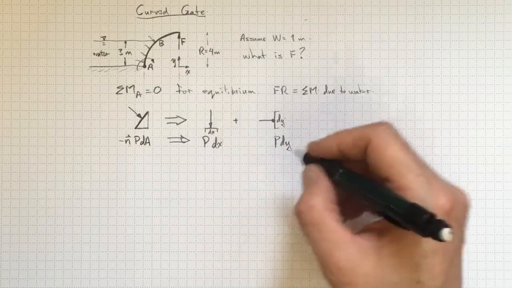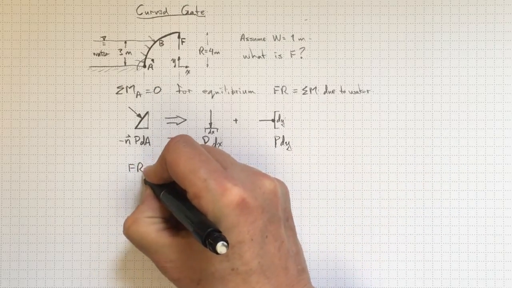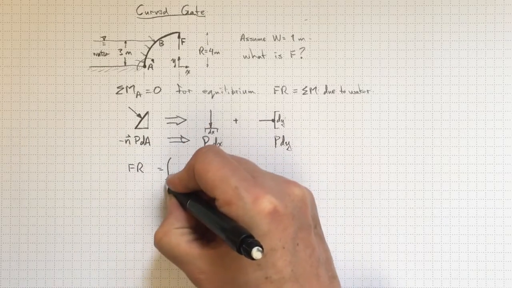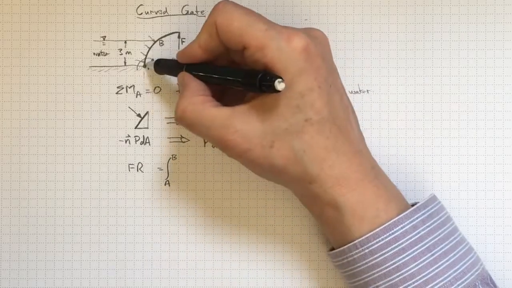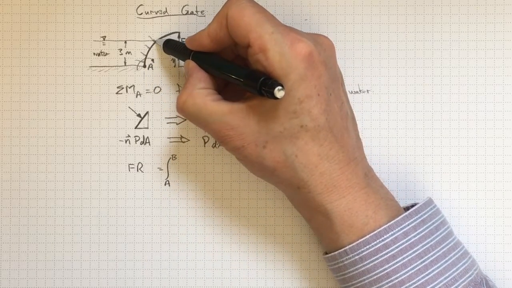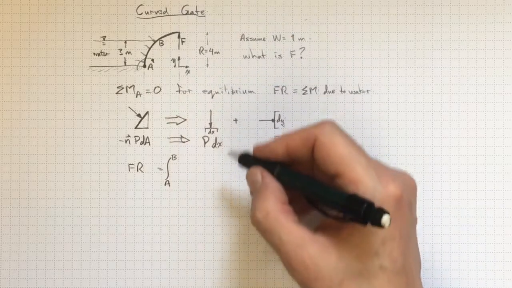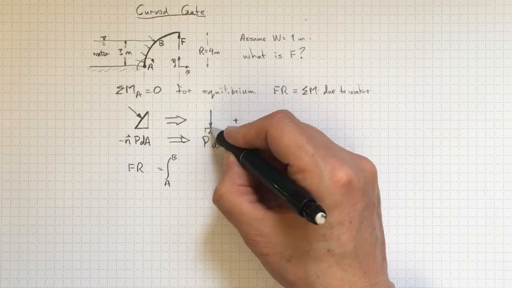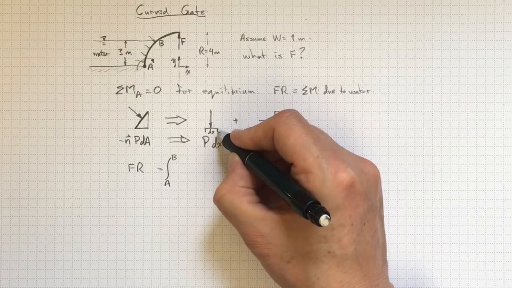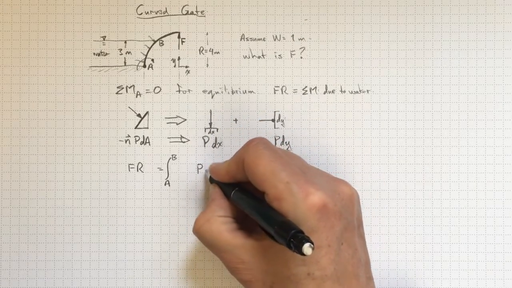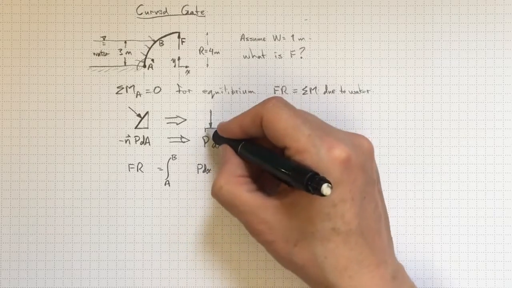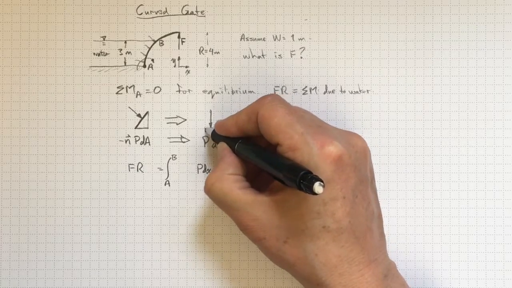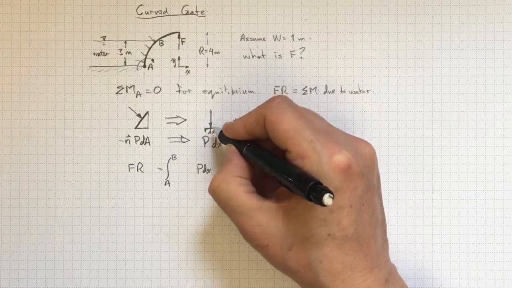So we'll wind up with F times R acting in that counterclockwise direction equal to the integral from A to B, so over this entire surface here where the water is acting on the surface, and we'll do the chunk due to the X force first, the one that's over the differential area X. We'll have P times dx, that's the force that's acting downwards onto the projected area on the x-axis.